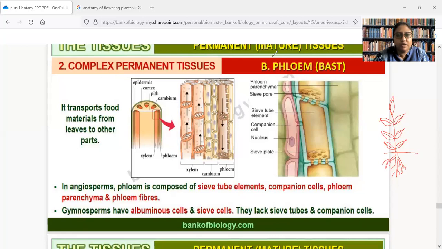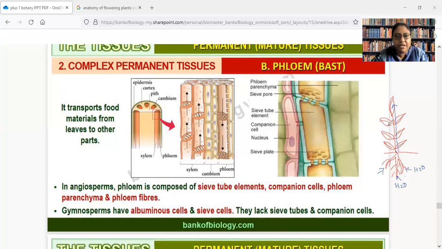So when I'm talking about transportation of water, it will always be absorbed from the soil by the root. And now this water will be transported from top to bottom.